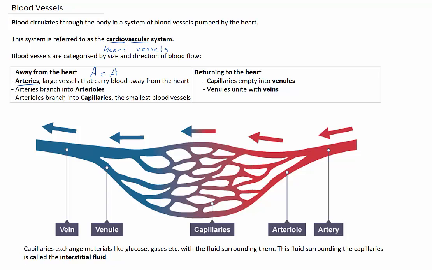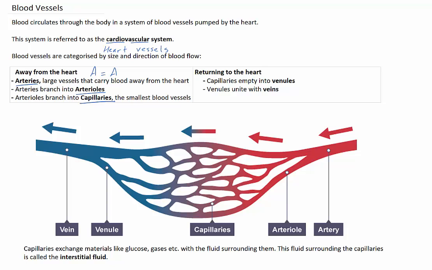Now, arteries, the largest vessels, then branch into smaller vessels called arterioles. So you can kind of think of this as highways going off into smaller roads. Arterioles then branch off into capillaries, which are the smallest blood vessels of all.